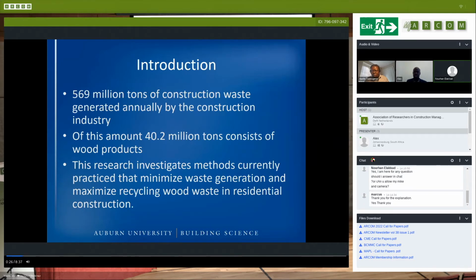Currently, in the United States, there are about 570 million tons of construction waste generated every year. Of this amount, approximately 40 million tons consist of wood products. This research investigates methods currently practiced that minimize waste generation and maximize recycling of wood waste in residential construction.